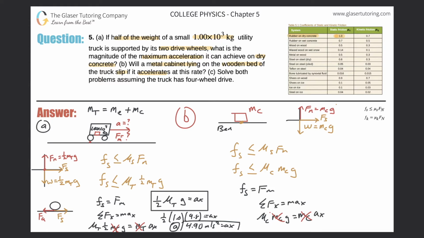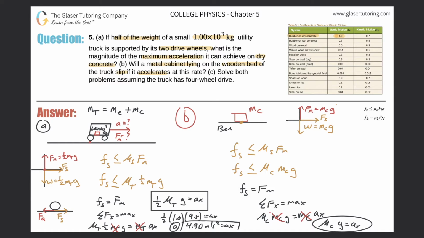Bye-bye, it goes away. So we now have that the coefficient of friction between the cabinet and the bed times gravity will equal a_x again. Now I'll box this. Well, I tried to box it, but it turned into an oval.